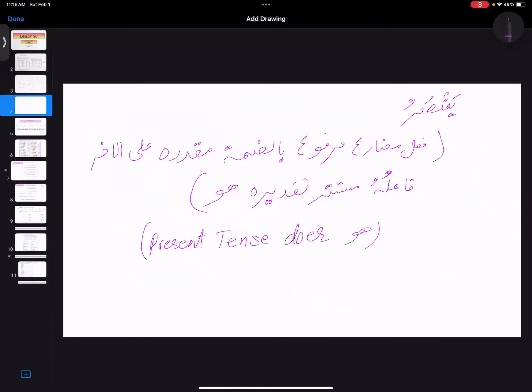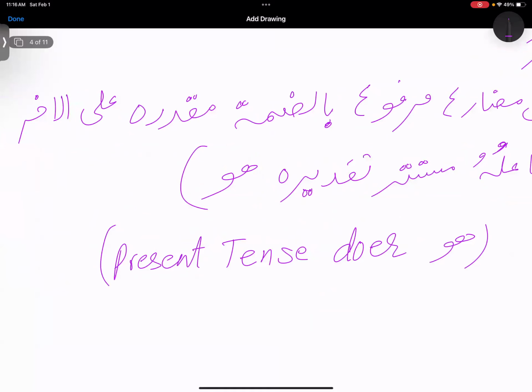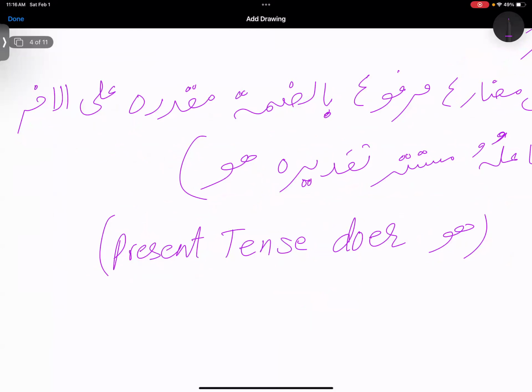Huh? What are muqaddara and taqdira for? Taqdira means it is implied, same like we said in madi. Since it is mustatir, they are saying huwa is implied.